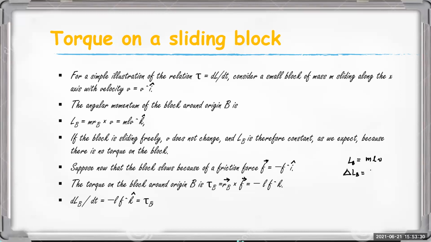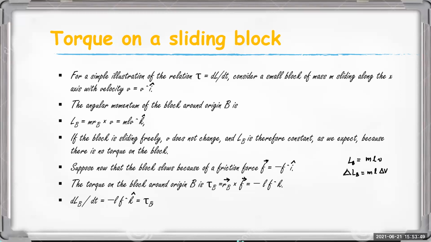Delta LB is equal to delta of this quantity. Here m is constant, L is constant, so the change only occurs in delta V. Delta LB is equal to m L delta V.